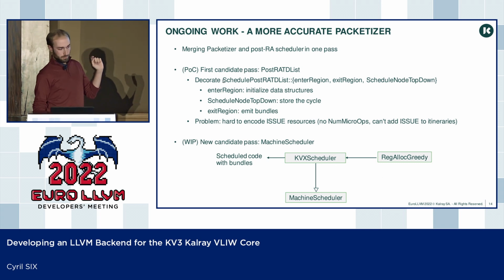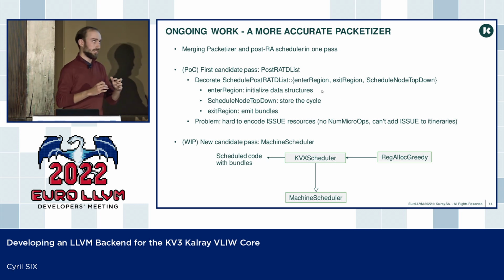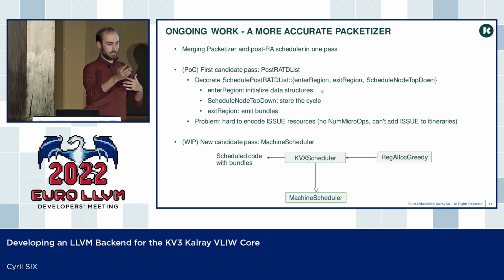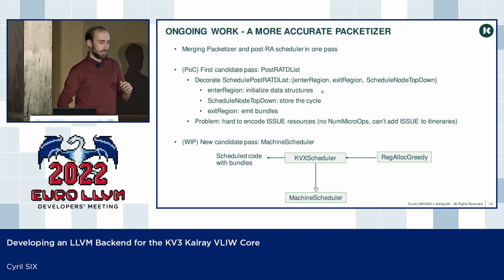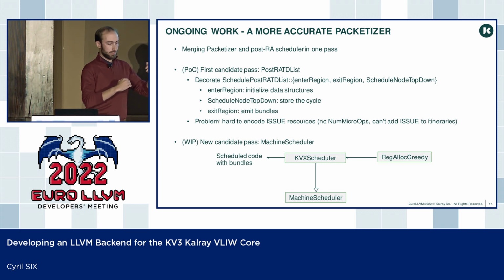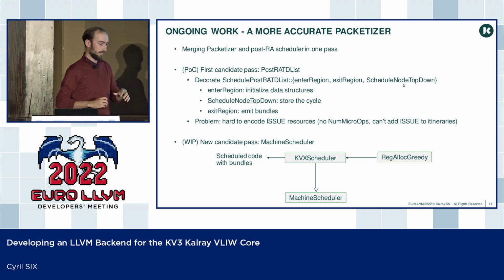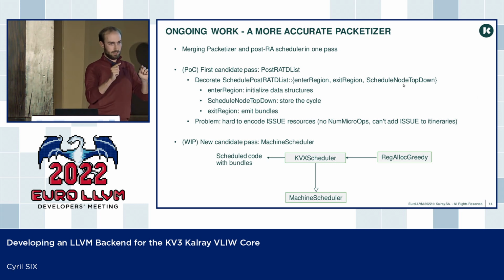So I did a bit of proof of concept with post-RA TD list, which was quite simple. I was inheriting from the post-RA TD list scheduler. And there are 3 methods of interest here. There's the enter region, which enters a region to be scheduled. There's the schedule node top-down, which says, OK, I want to schedule this node at this cycle.